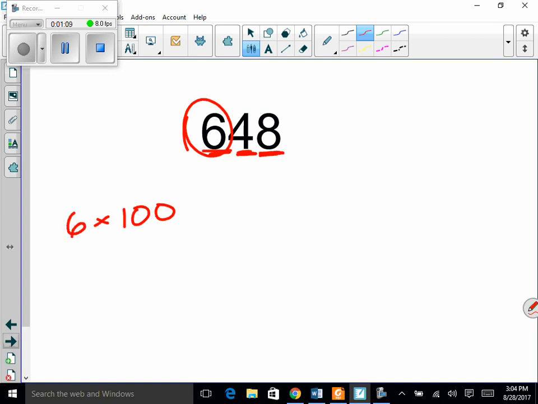So if you look at it, 6 times 100 would equal 600. And then we're going to add in the next place, which is the 4, and it is in the tens place. And then finally, we're going to go to the ones place, and that's 8.